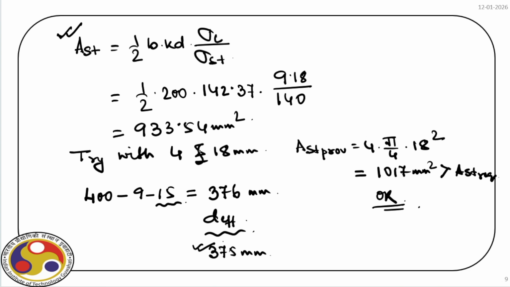So in that case, you have to readjust. We cannot provide a depth of 400 millimeter because that gives us the amount of steel. So we have to readjust the clear cover. That will reduce the effective depth, and we have to redesign the amount of steel required for that particular section. So this is the way we adjust the design, which is an iterative procedure.